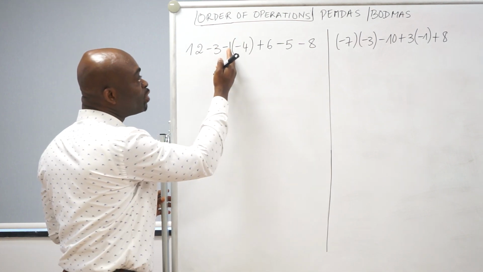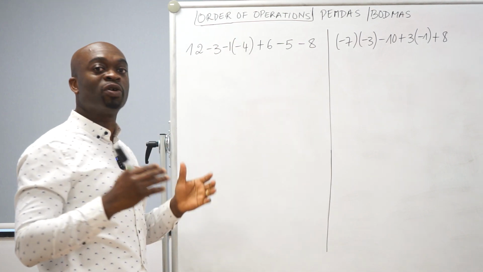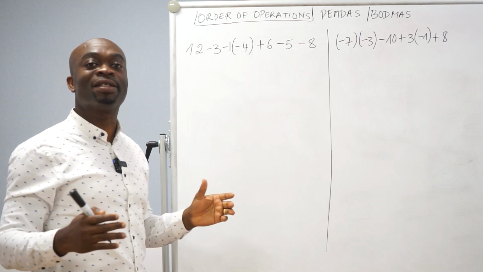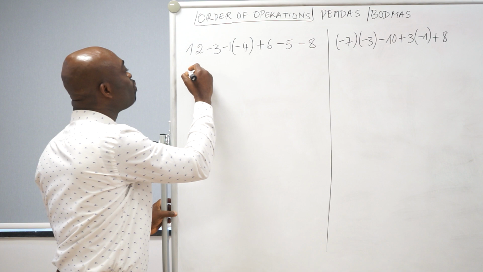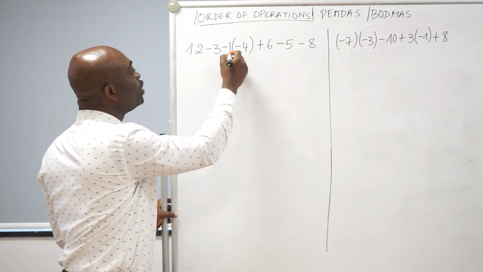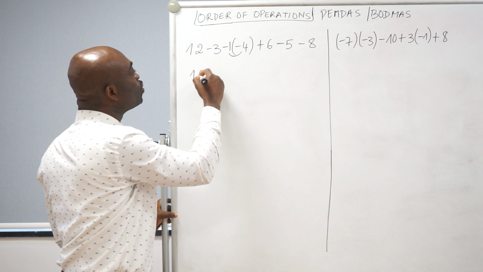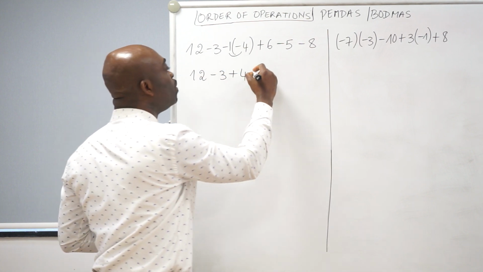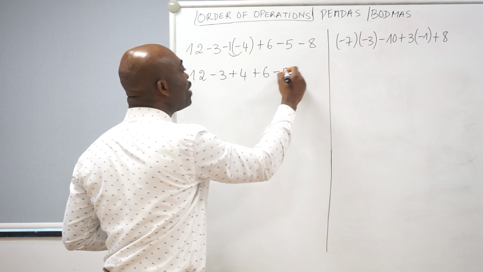And then what's the sign between the negative 1 and the parentheses? It's multiplication. So when you multiply negative 1 by negative 4, that will give you what? Positive 4. So that's the reason why, once we get back here, we end up with 12 minus 3 plus 4 plus 6 minus 5 minus 8.